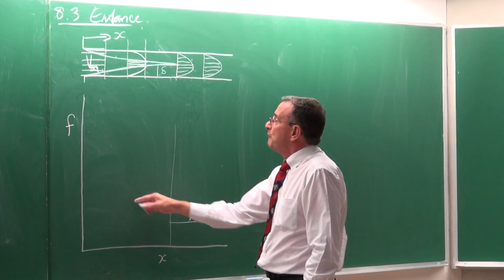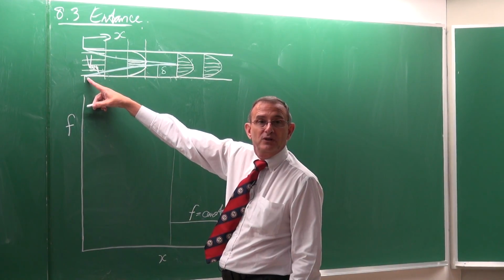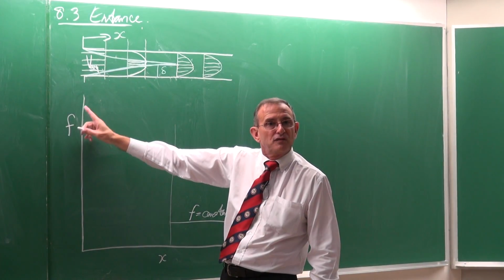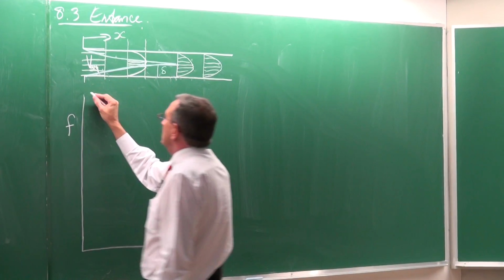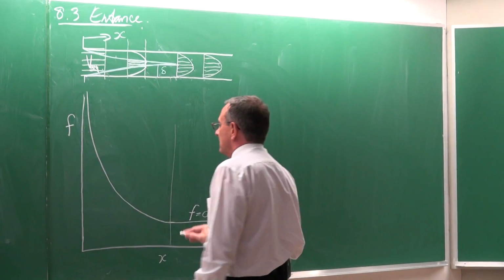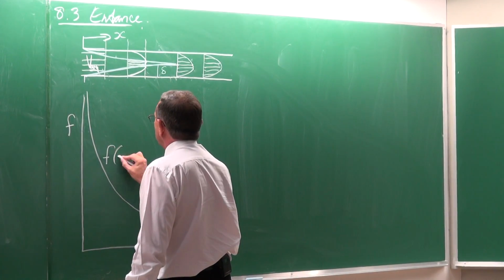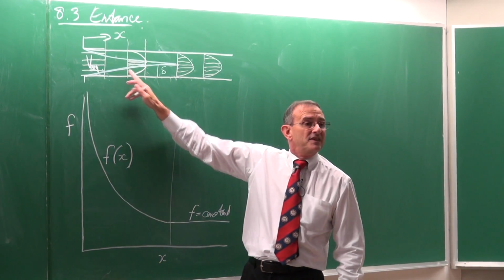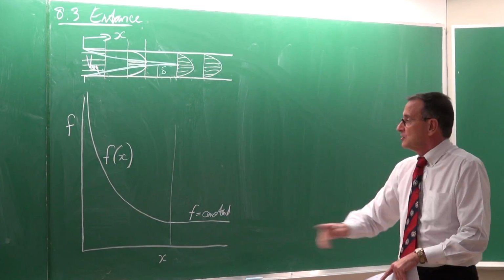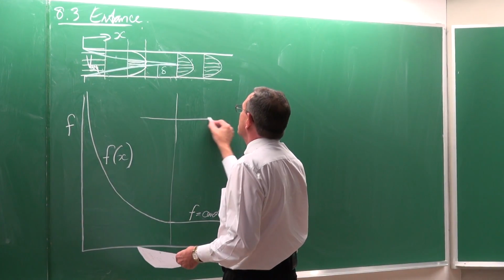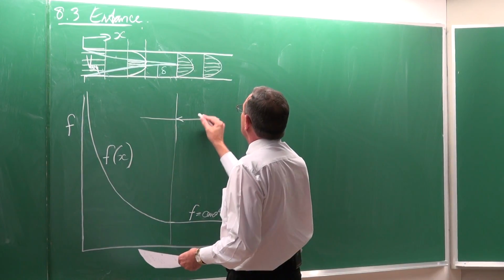And before that, specifically at that point there, it is at its thinnest, which actually means the friction factor there almost goes to infinite. So it will do something like that. Here, the friction factor is a function of x, distance from the inlet, until it is fully developed. So we are going to refer to this boundary a lot.